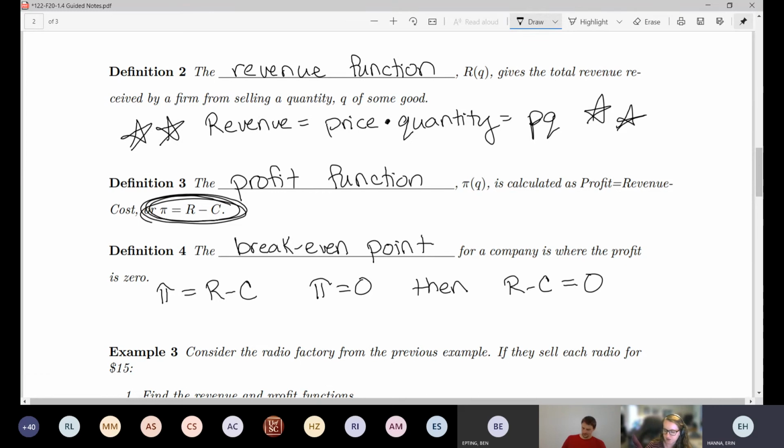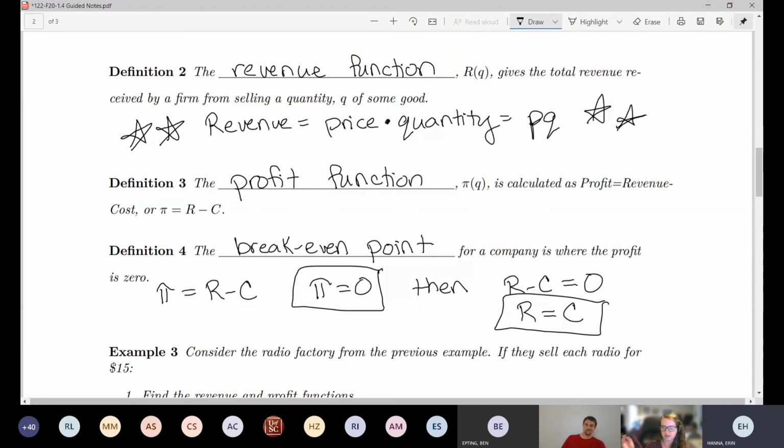If you swing cost over to the other side by adding it, you get that revenue equals cost. So we're going to jump between those two options. We can either set profit equal to 0 or set revenue equal to cost, whichever one makes it easier for you to calculate.